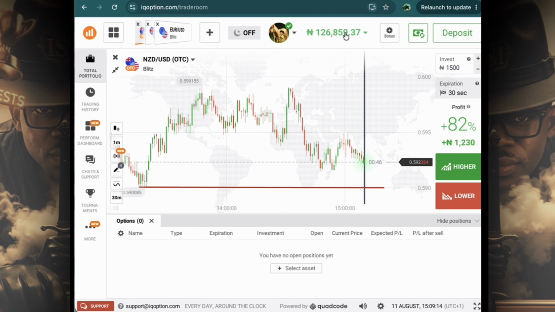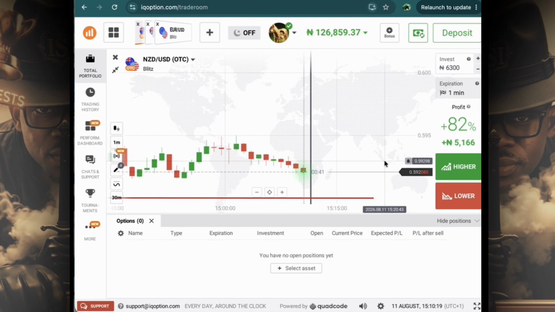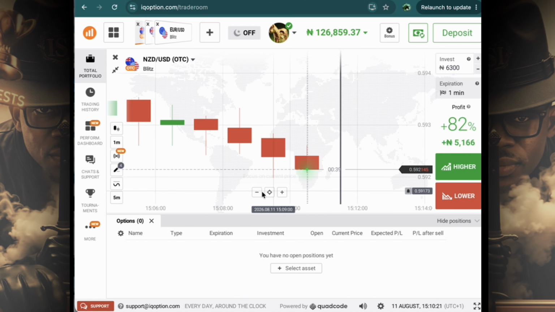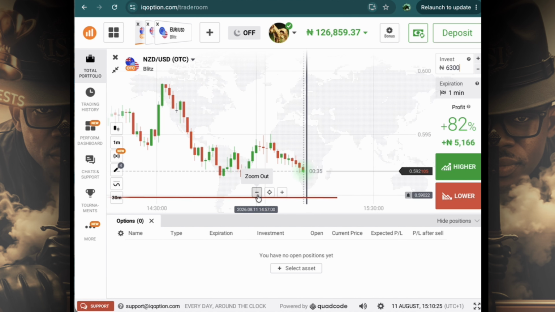So we are going to be risking 6,300 naira, meaning that we are going to look for this setup 10 times. This is not a martingale. Each time we are trading this, we take 6,300 naira. If we win, fine. If we lose, we'll look for the setup again somewhere else. We'll take 6,300 naira.